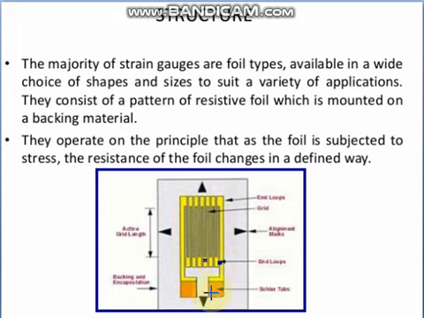And here this orange or dark yellow color is for backing and encapsulation, these are solder tabs, meaning the grid wire will be finally pasted on this, which will be soldered with the external circuitry.